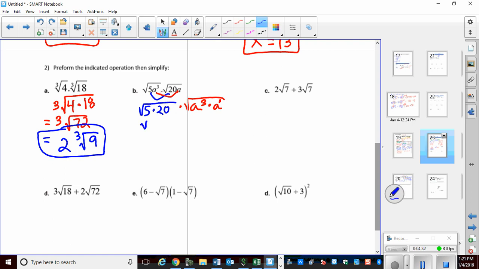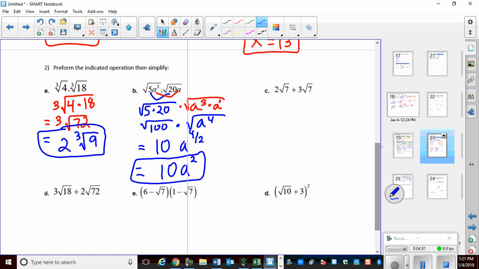So I have the square root of 100 times the square root of a to the 4th. And the square root of 100 is 10. A to the 4th over 2, or just 10a squared. And remember here, it's the power inside divided by the index outside. For that 4 over 2, the power inside divided by the index outside.